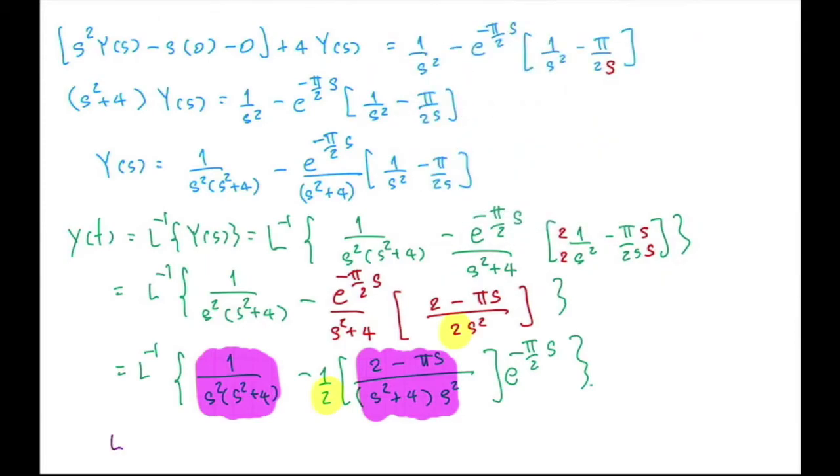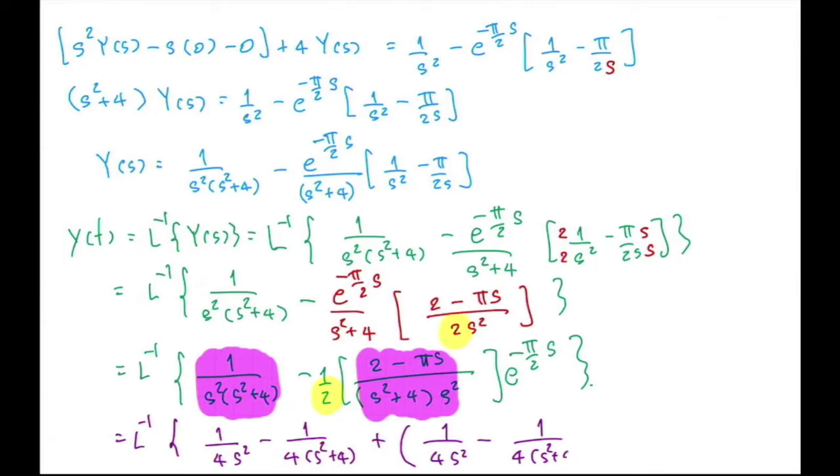So the first term would be 1 over 4s squared minus 1 over 4 times (s squared plus 4), and then plus 1 over 4s squared minus 1 over 4 times (s squared plus 4) minus pi over 8s plus pi s over 8 times (s squared plus 4), and then e to the minus half pi s.